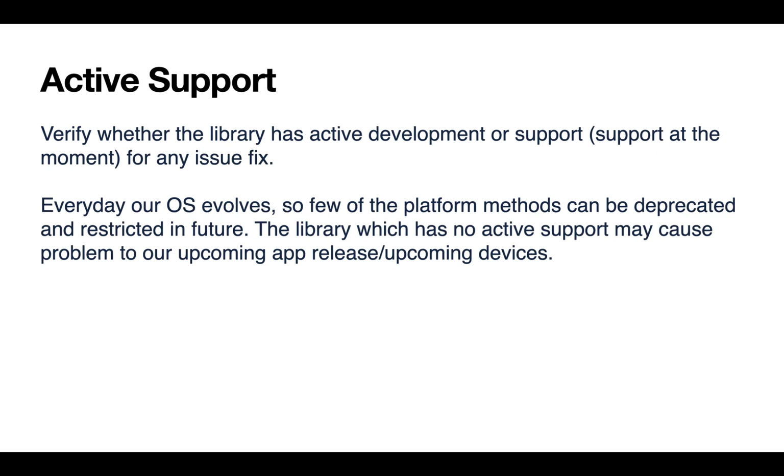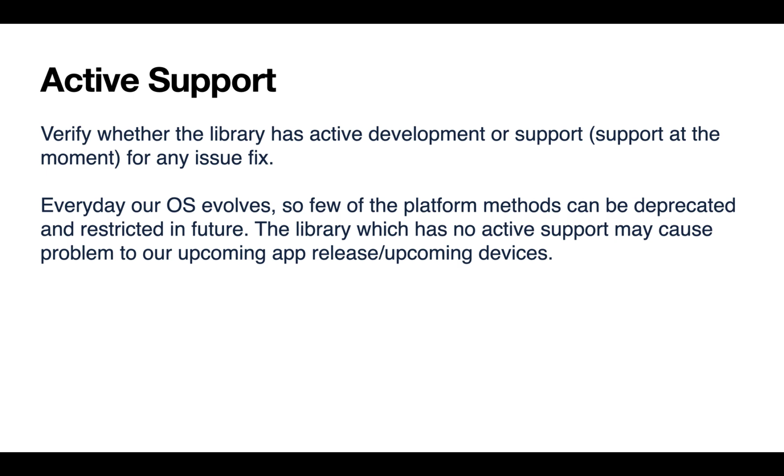Then active support, whether the library has active development or support for issue fixation. The reason is that every day our OS evolves, so a few of the platform methods can be deprecated or restricted in future. So if there is no active support or development, that can be a bigger blocker for our further development.